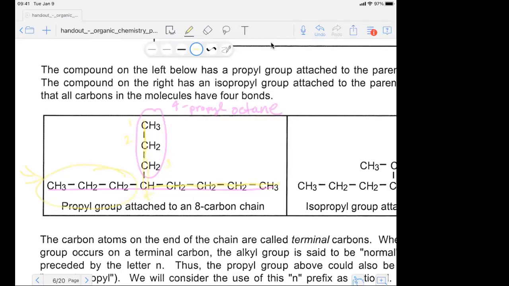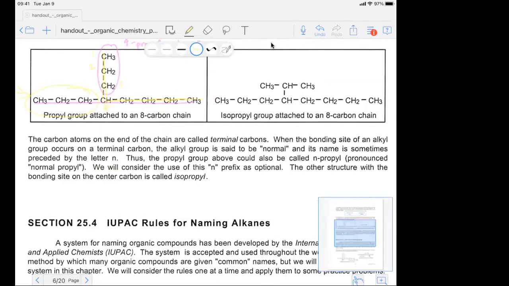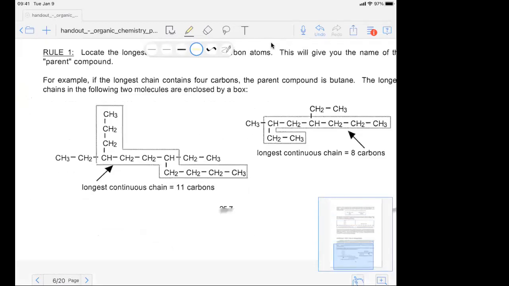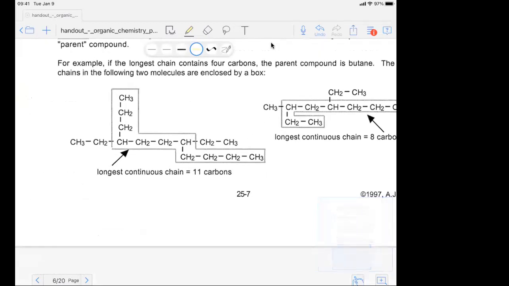So in this example, it doesn't matter whether you follow the pink parent or the yellow parent, you're going to get the same name. So either way, this is called 4-propyloctane. Okay, so again, just to go through a couple more examples.